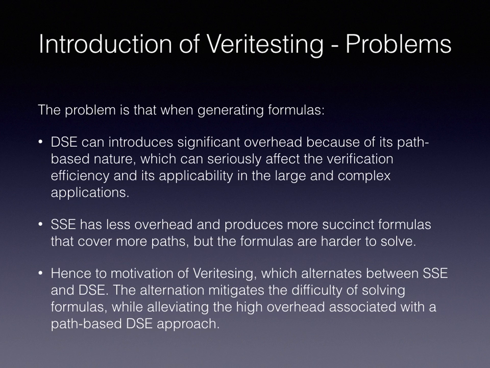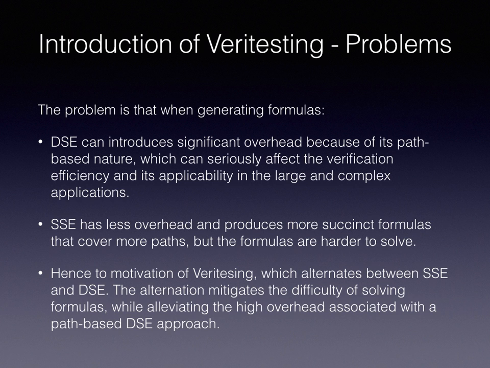However, the problem is that when generating formulas, DSE can introduce significant overhead because of its path-based nature, which can seriously affect verification efficiency and its applicability to large and complex applications.